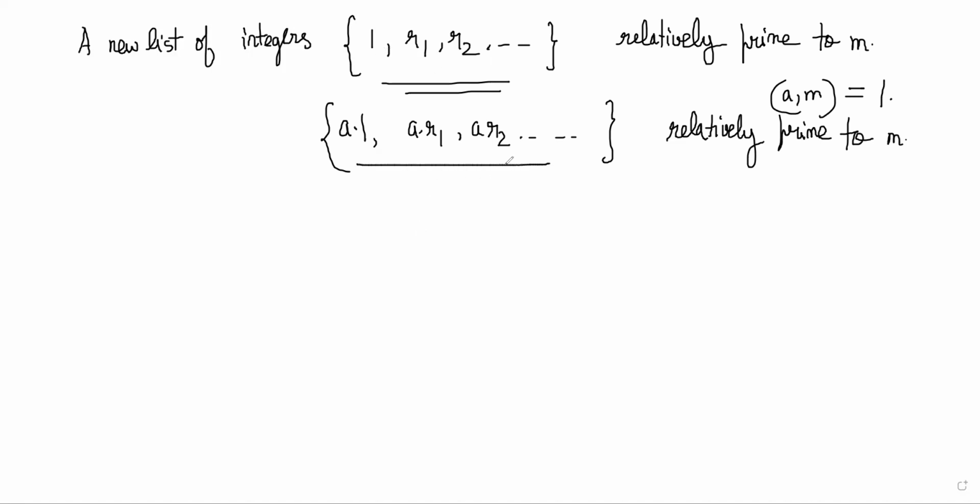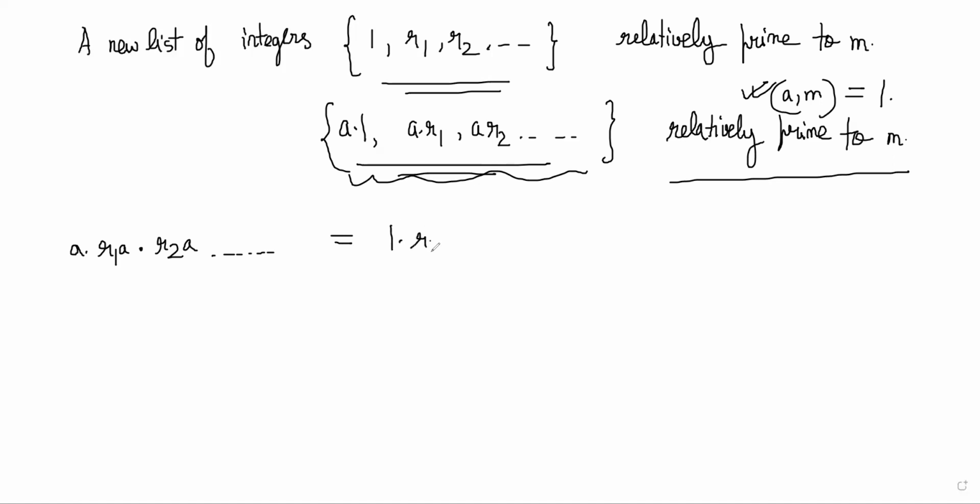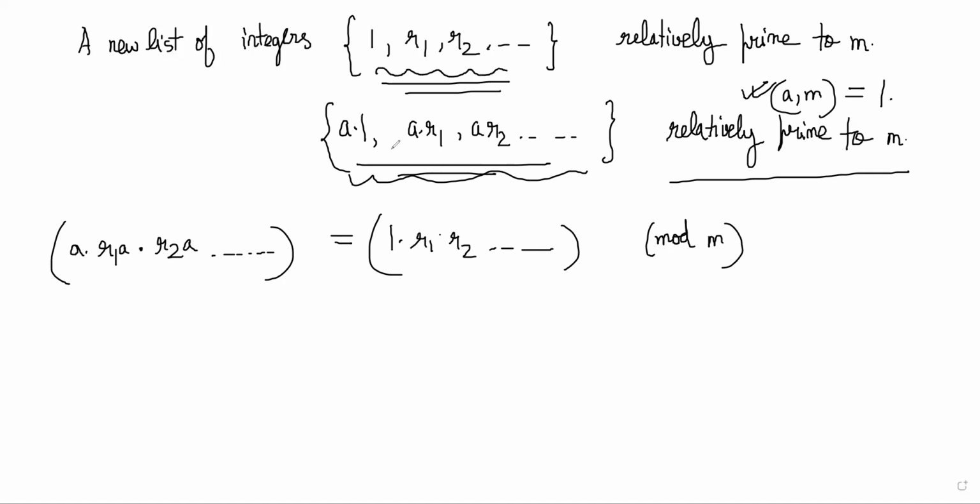This list which we multiply with a, but a was relatively prime to m, so this is also relatively prime to m, and this list must be a simple rearrangement of the other list, right? So now we can say that a times 1, a times r1, a times r2, and so on should be equal to 1 times r1 times r2 and so on, mod m, because this must be a rearrangement of these relatively prime integers.